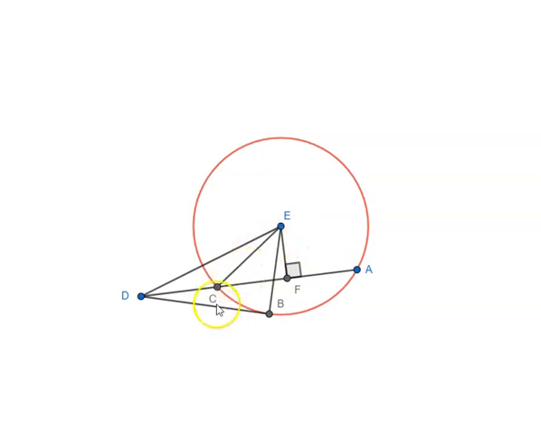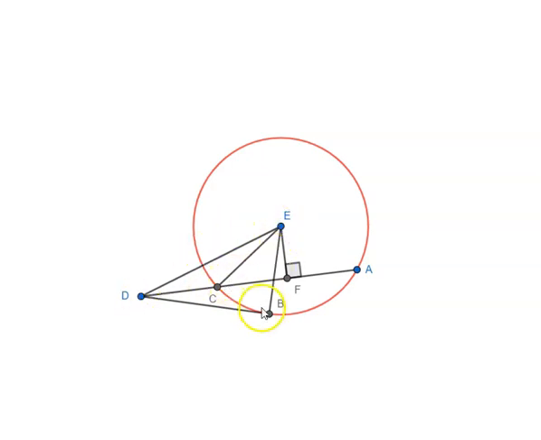So in our equality, AD by DC plus FC square plus FE square, that FC square plus FE square can be substituted with CE square, is equal to FD square plus FE square, which can be replaced with DE square. So our equality becomes AD by DC plus CE square is equal to DE square.